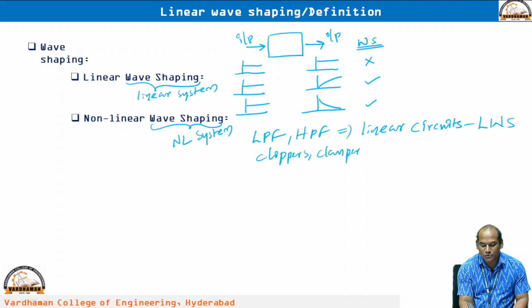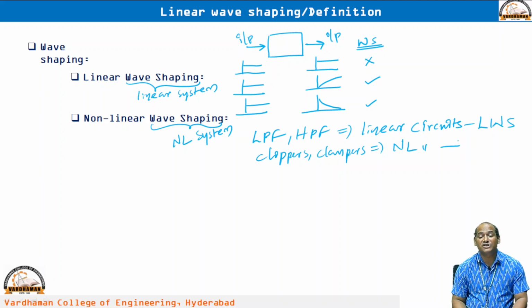These are used to get wave shaping of the input signal, but these two circuits involve diodes. A diode is a nonlinear element, as I said earlier. So, these circuits are nonlinear circuits. Whatever wave shaping we get because of these clipper and clamper circuits is said to be nonlinear wave shaping. Okay.